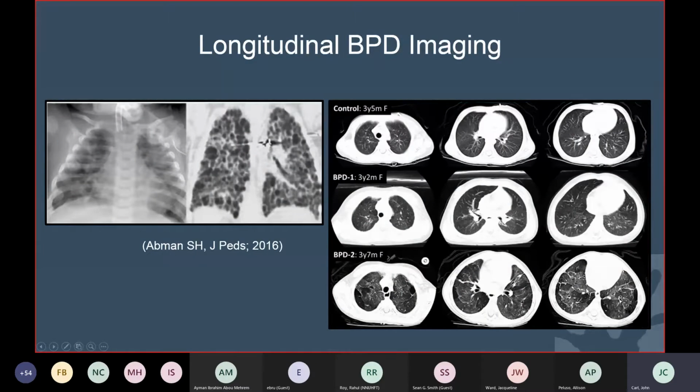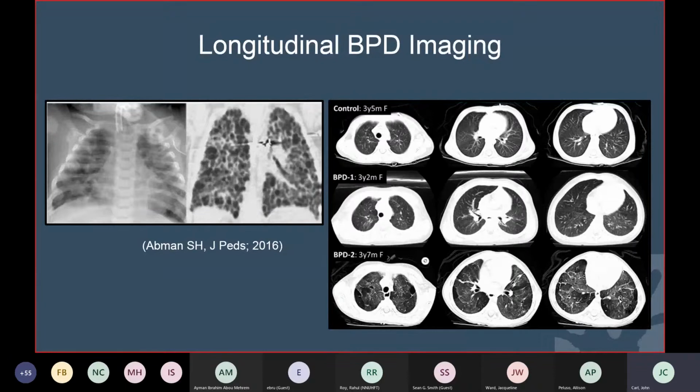And I draw attention to the severe BPD in the lower right corner at 3.5 years, as we have a huge heterogeneity in lung architecture here, which really complicates some of what we try to achieve for lung growth and preservation of lung function.